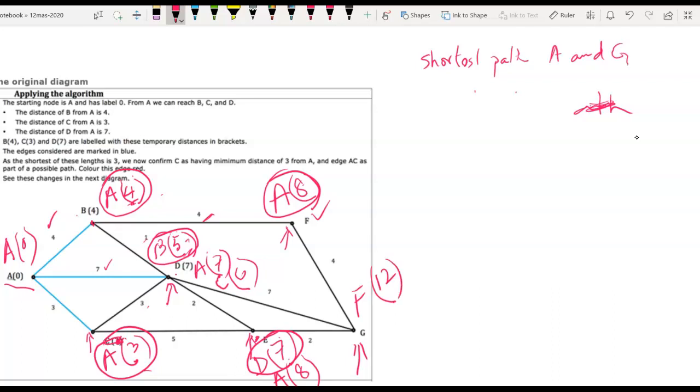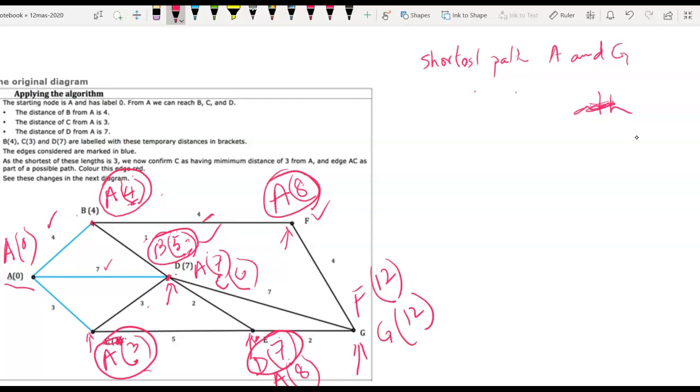And if we come from D, it's 5 plus 7, which is 12.